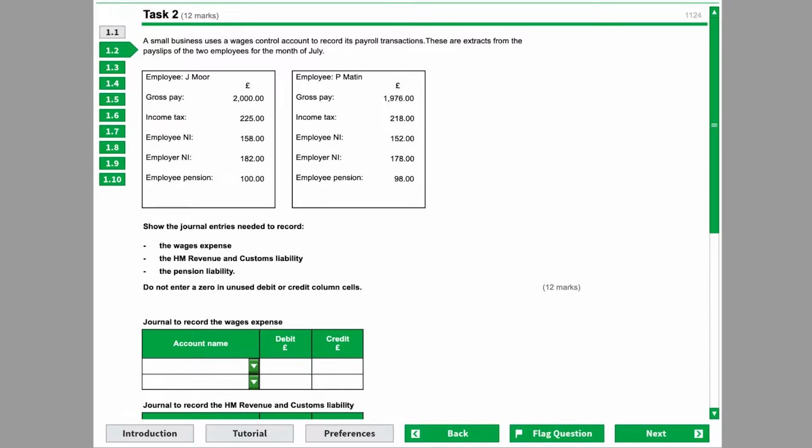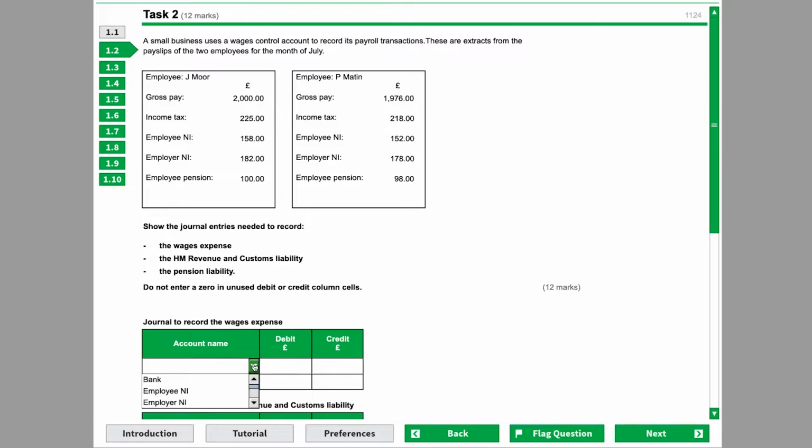It would therefore be 2,000 plus 1,976 plus the employer's NI of 182 and 178 to give us a total expenses figure of 4,336. Now to record this, we debit the wages expense account and credit the wages control.